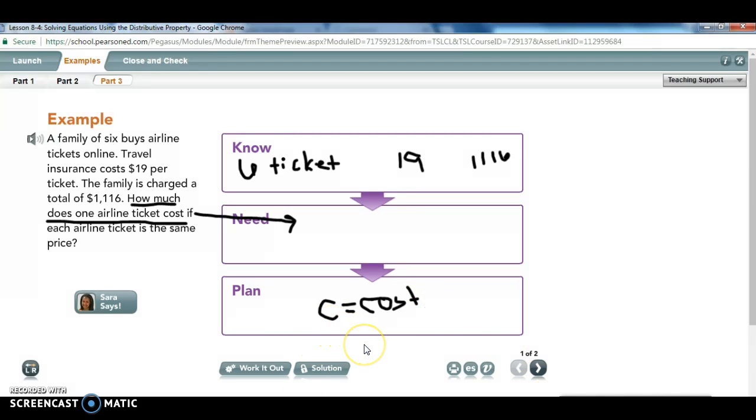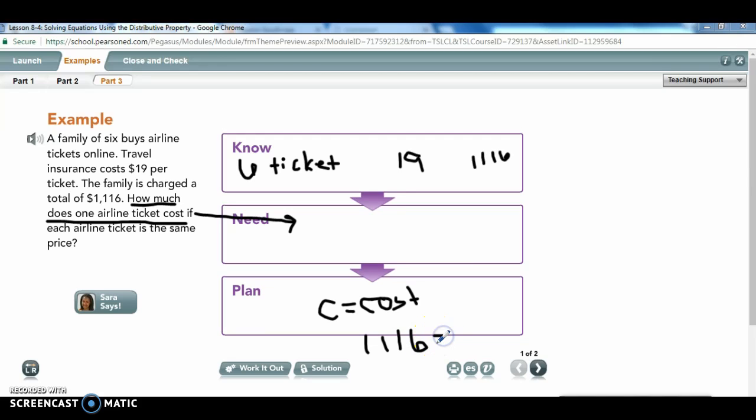I also need to know how much it's going to cost altogether for a ticket. So not only the price of the ticket, but the price of the ticket plus your $19 for insurance. So I'm going to start writing my equation. I know that my final number needs to be 1,116.